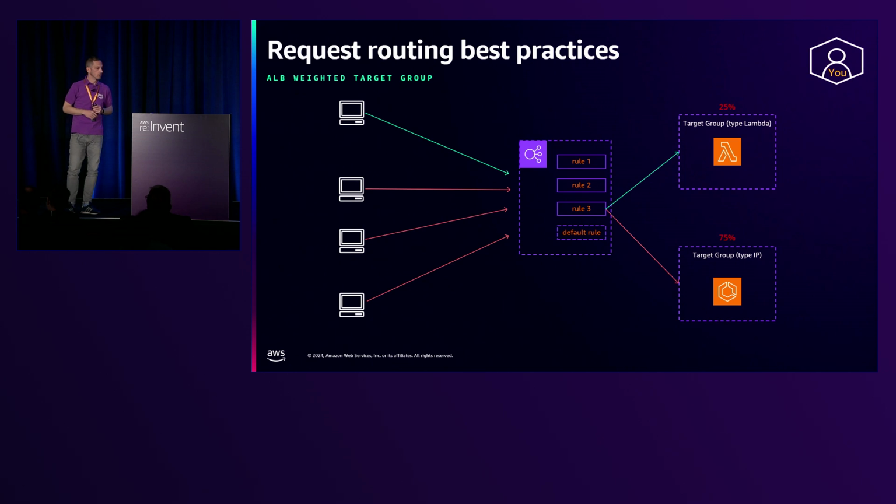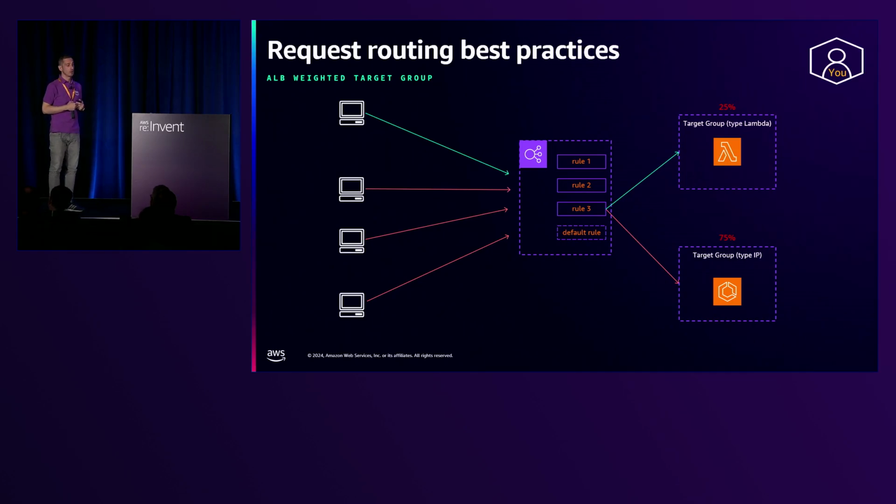A last mention for the request routing is regarding the weighted target group feature. With this feature, customers can associate multiple target groups behind the same listener rule. And then they can associate a percentage of traffic that they would like to steer to one target group rather than another. This is very helpful in blue-green deployments. In fact, when customers want to roll out a new version of an application, they could leverage the weighted target group feature.